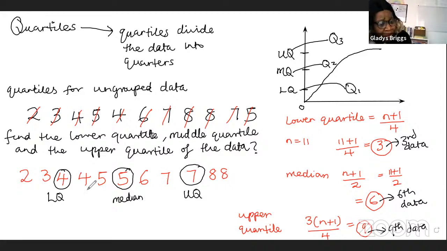So this is how you work them all out. This is how you find all of the quartiles. And you can see how it has broken up the data into quarters: the first one, second one, third one. You can see that you have 2 bits of data at the beginning and 2 at the end, and 2 in between each one.